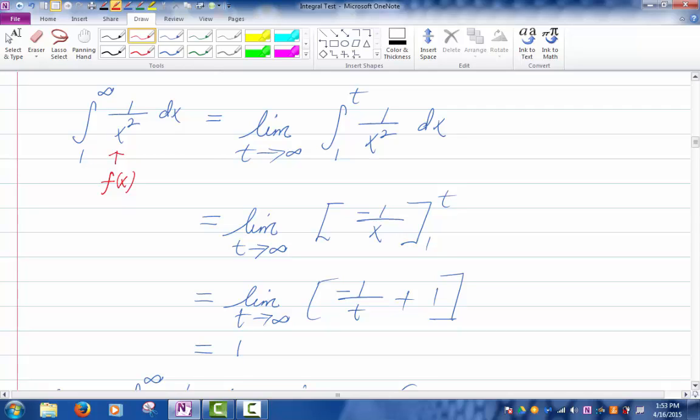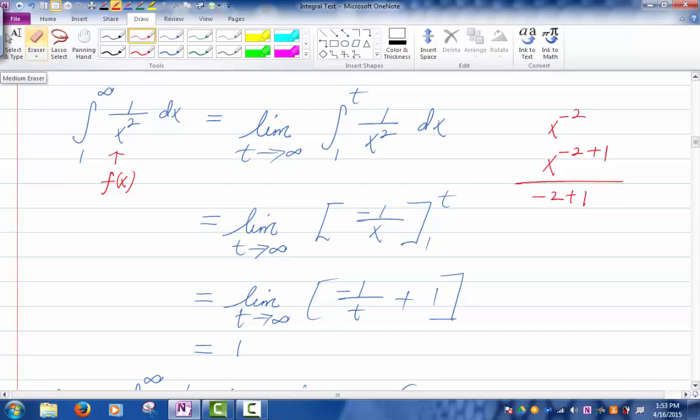Yeah, 1 over x squared is the same as x to the negative 2, right? So by the power rule, x to the negative 2 has antiderivative what? x to the negative 2 plus 1 divided by negative 2 plus 1, right? And that's exactly negative 1 over x.